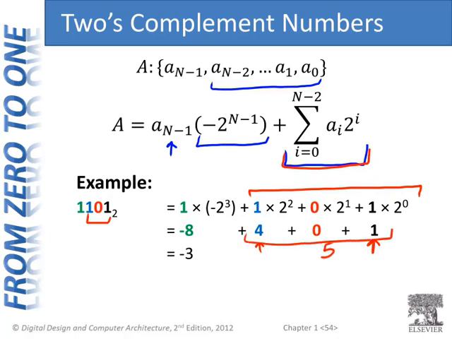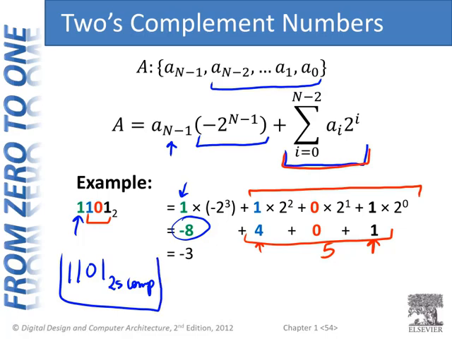Plus this most significant bit, 1, times minus 2 to the 3, so we get plus minus 8. So this is the 2's complement representation of minus 3: 1, 1, 0, 1. Or we could say it in words, this is the 2's complement representation of minus 3.